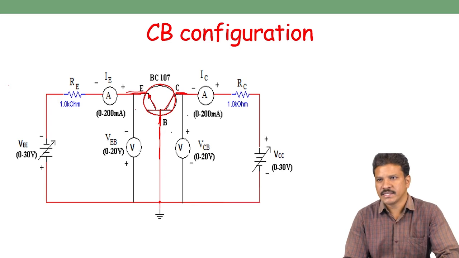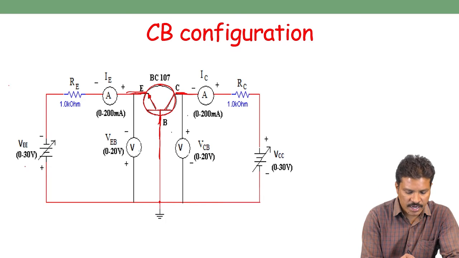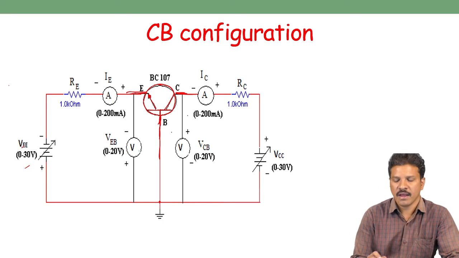One battery is called the emitter side battery, VEE, and the other, the collector side battery, is called VCC.